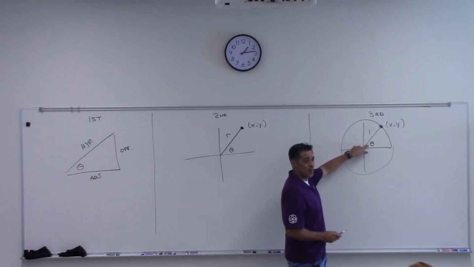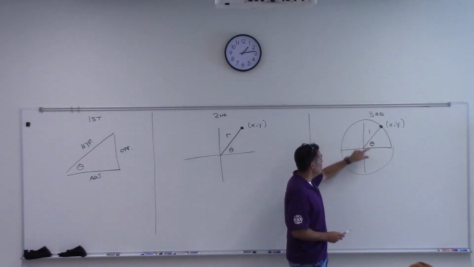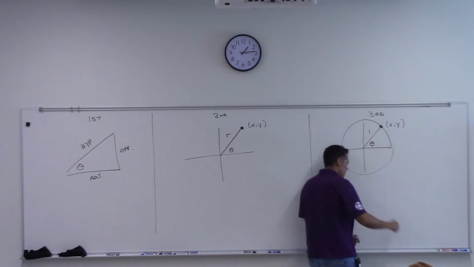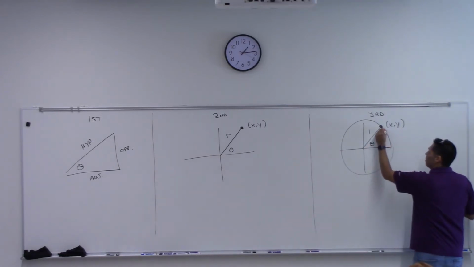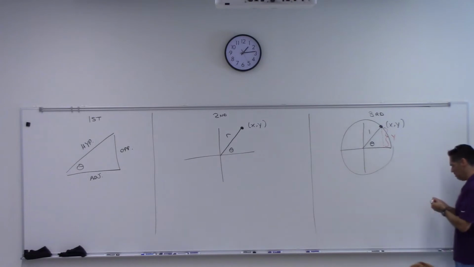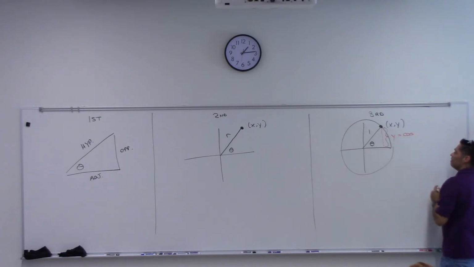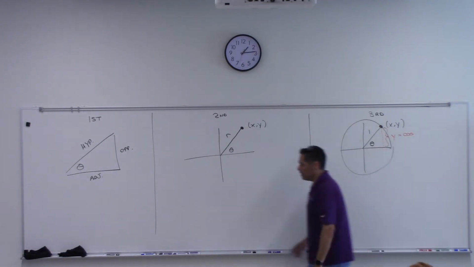So this is what I want us to work with today. Sine of this angle is that distance right there. Agreed? So if I draw from here to here, that right there is the y coordinate, right? Ooh, this is bad marker. That's the y coordinate. But that's also cosine, sorry, I just did the wrong trig function.